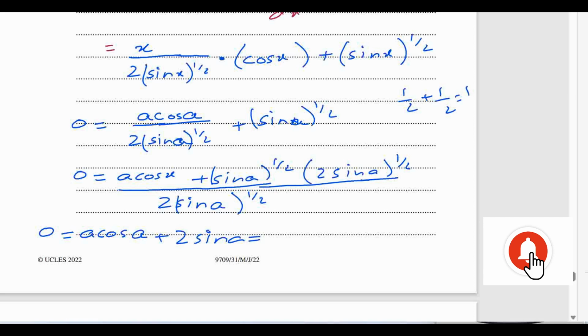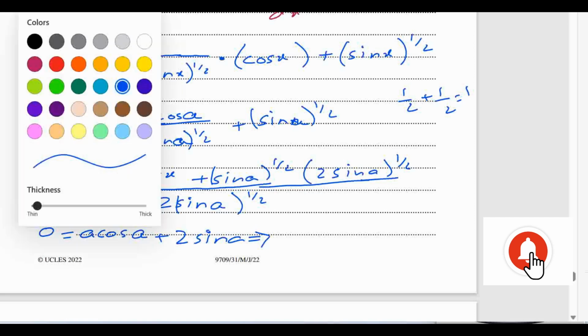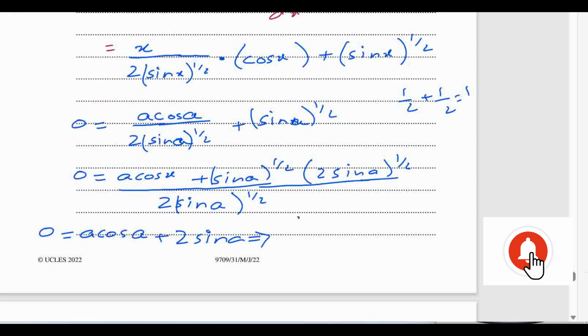Now if we shift it to the other side, this will be minus 2 sine of a is equal to a cos of a. So finally sine of a by cos of a is equal to a by minus 2.